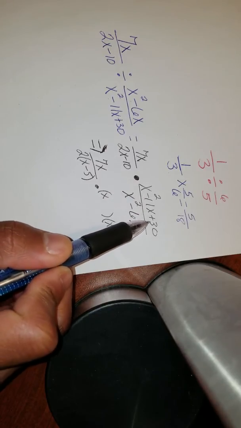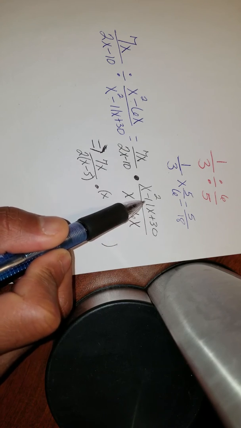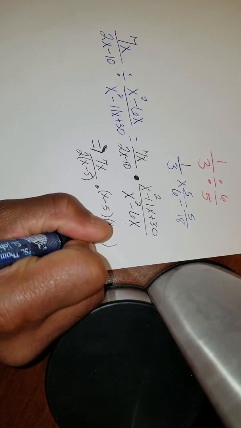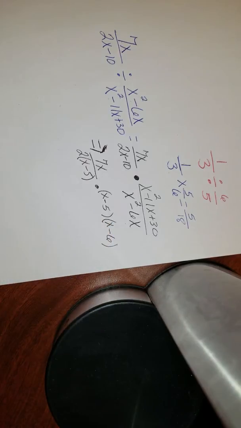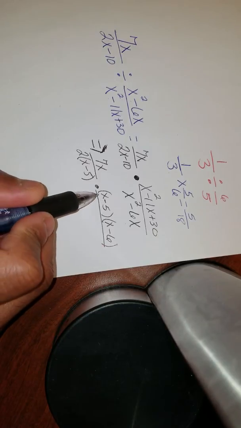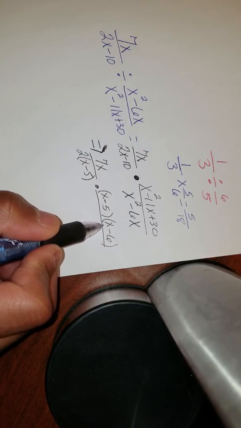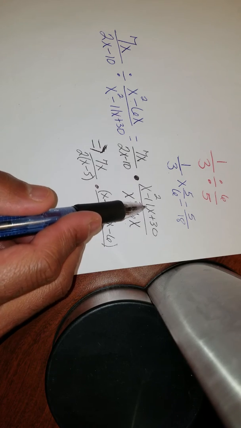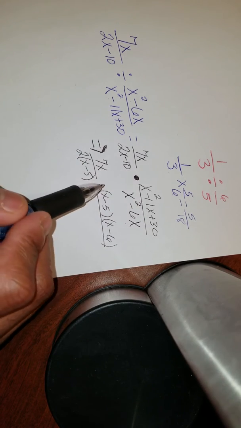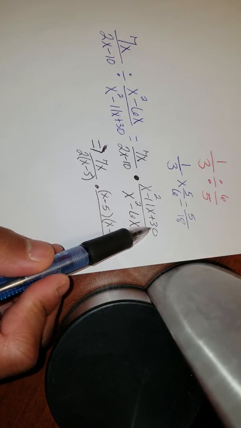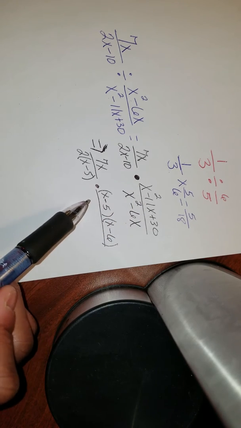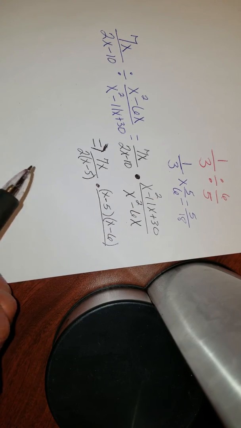Those 2 factors are negative 5 and negative 6. That's how I get the binomials x minus 5 times x minus 6. When I add those same 2 factors, I get negative 11.